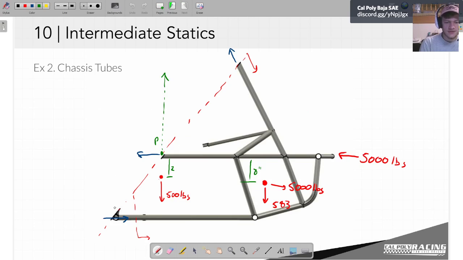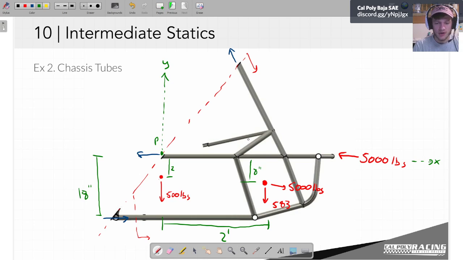And then these forces are 2 feet apart. This dimension here, 18 inches. And there we go. So now we almost have a free body diagram. We need labels, X and Y. There we go. Completed part 1 of step 3. We have a free body diagram.